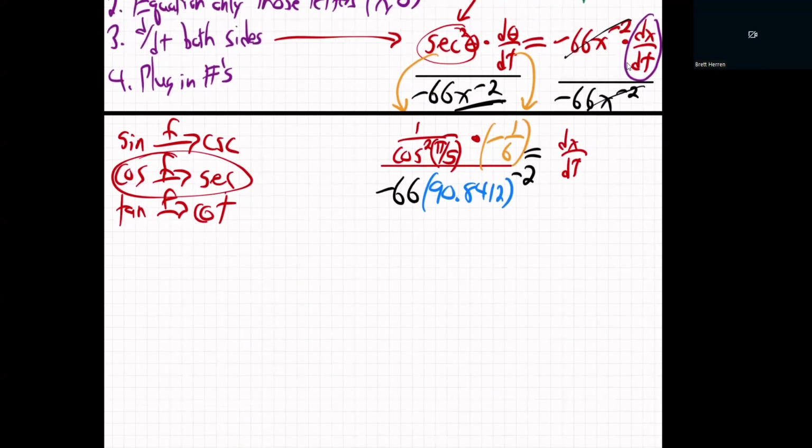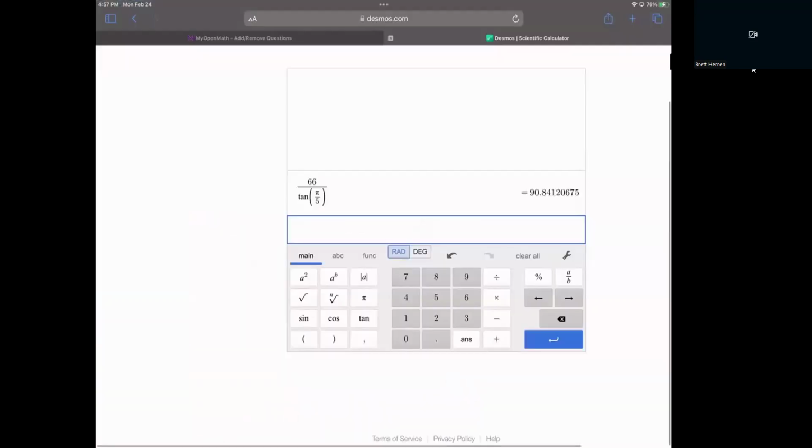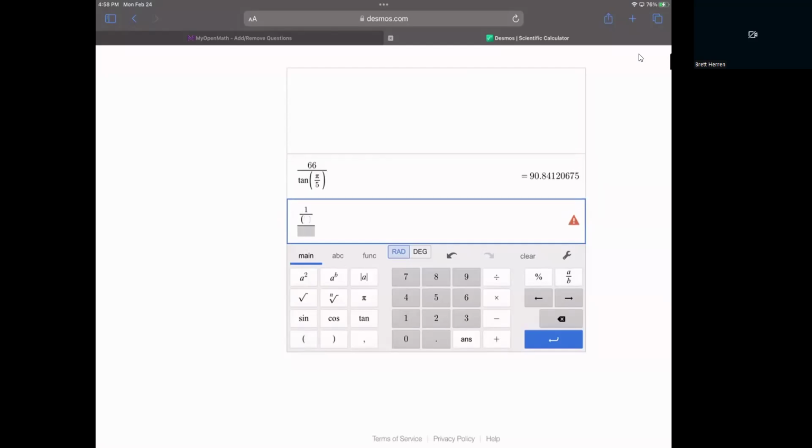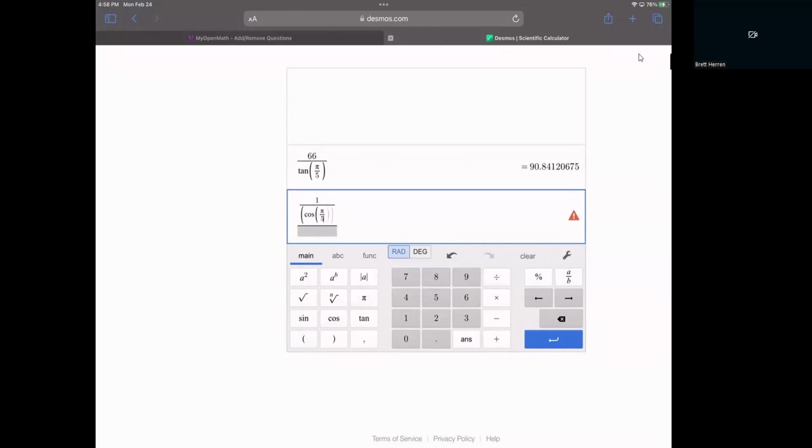So there we go. Let's go to Desmos to make it happen. 1 over cosine squared of pi over 5.